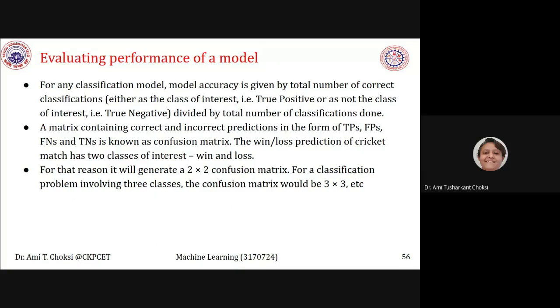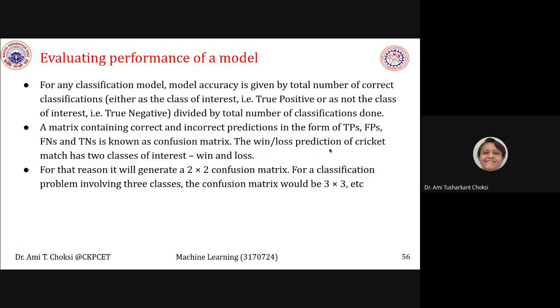For any classification model, model accuracy is given by the total number of correct classifications, true positive and true negative, divided by the total number of classifications done. The matrix containing correct and incorrect predictions in the form of TPs, FPs, FNs and TNs is known as the confusion matrix.